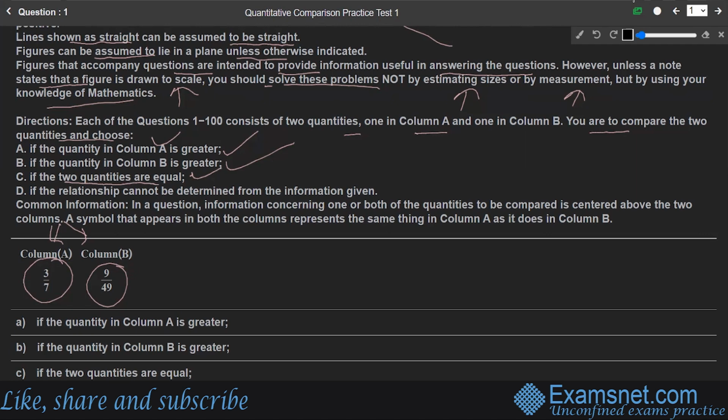So if the information is not sufficient for us to decide whether column A's value or column B's value is greater, and the relationship cannot be established, we are supposed to answer option D. This is what we are supposed to do in these types of questions.